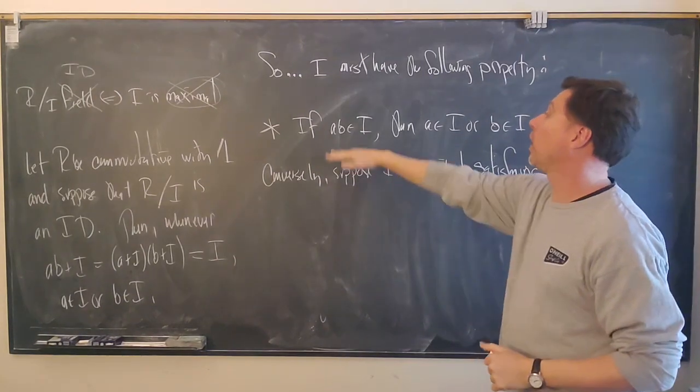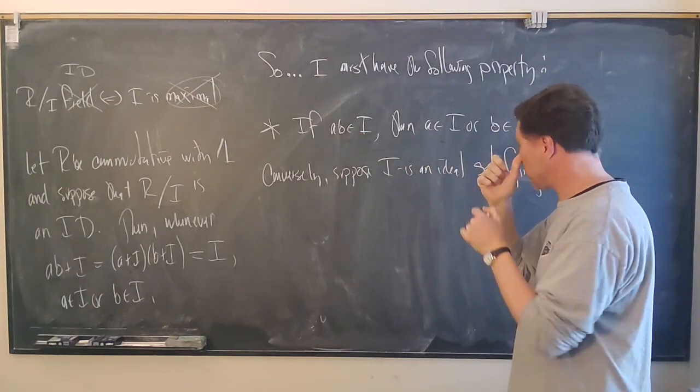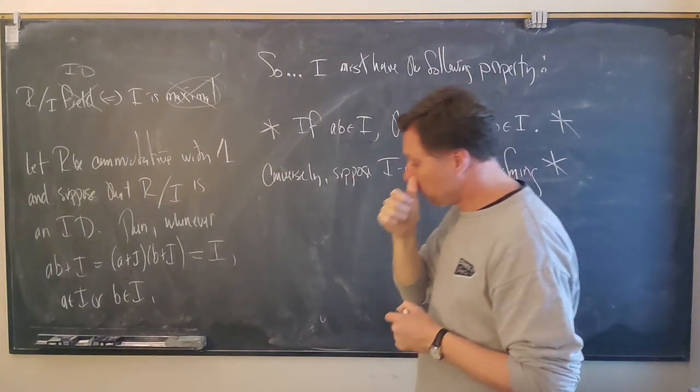Okay, so no matter what, when we have a product of two elements in I, then one of the two has to live in I.